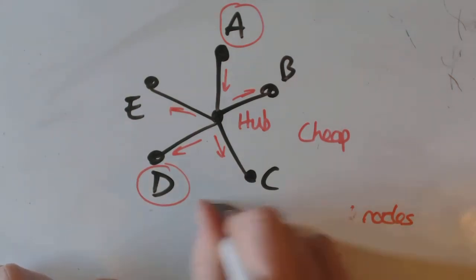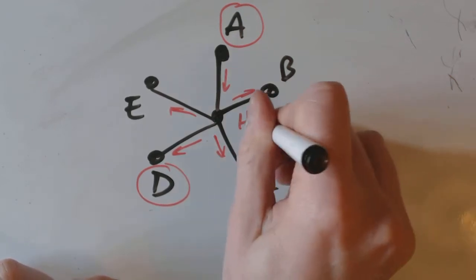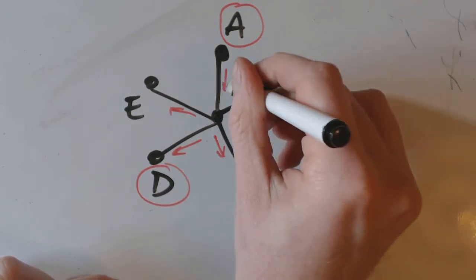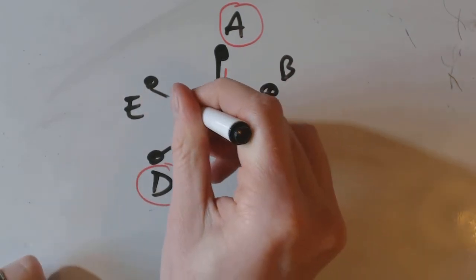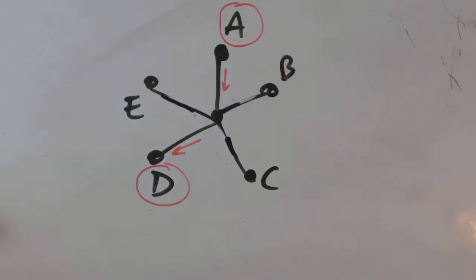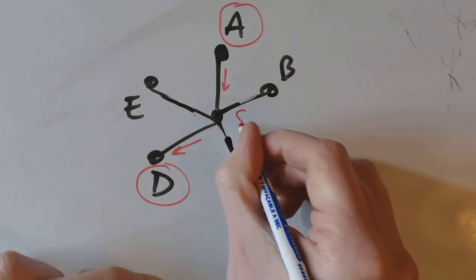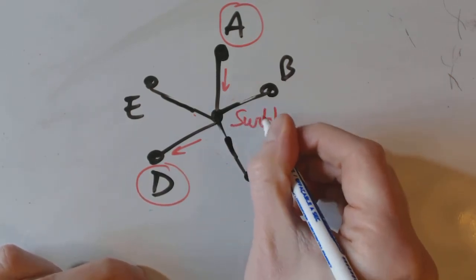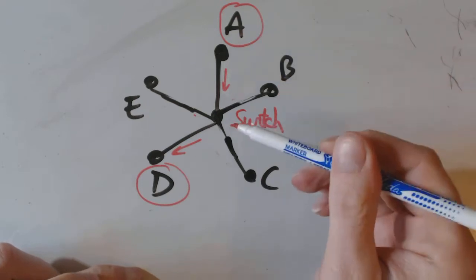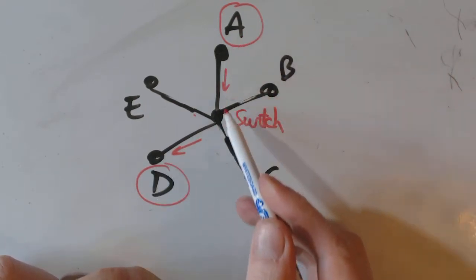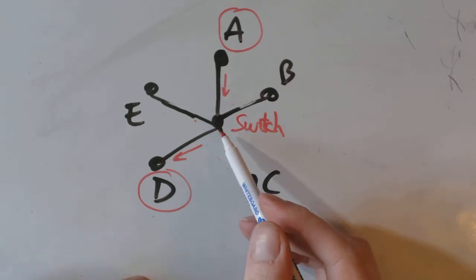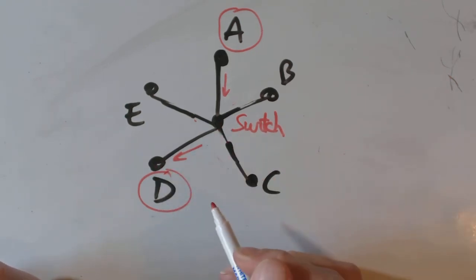Now the other alternative to a hub, slightly more expensive but more intelligent, is called a switch. What a switch does is, when A sends data to D, it goes to the switch and it only sends it to D. It takes a packet of data in and only sends it to the actual node it's meant for.